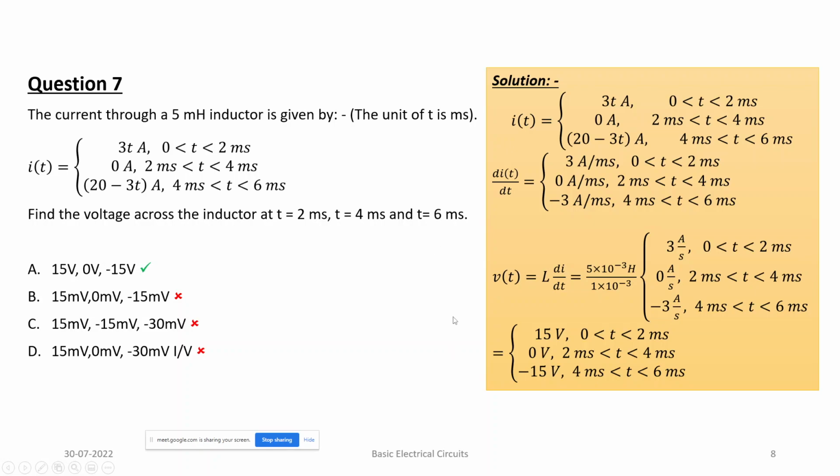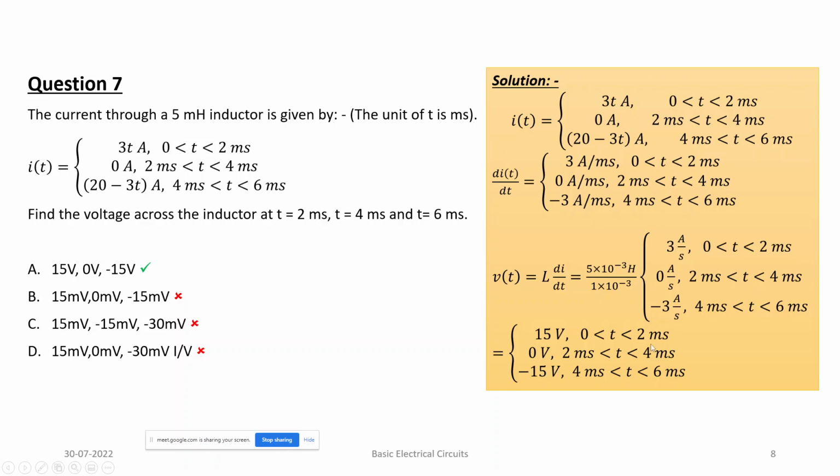Faraday's law states that voltage is proportional to the rate of change of flux linkage. So V equals d psi by dt, or minus d psi by dt if you consider Lenz's law, and psi is L into I. Combining these two, we get v(t) equals L di by dt. Is it clear? Okay.